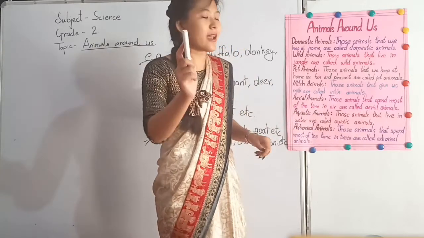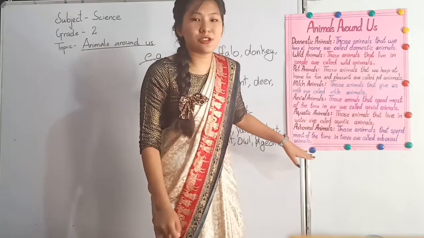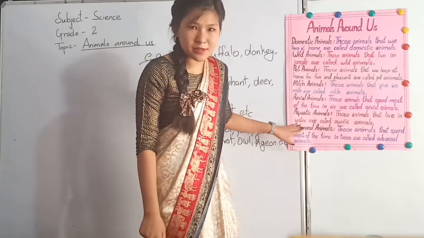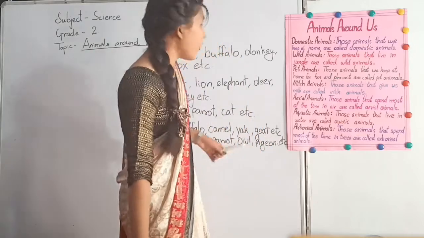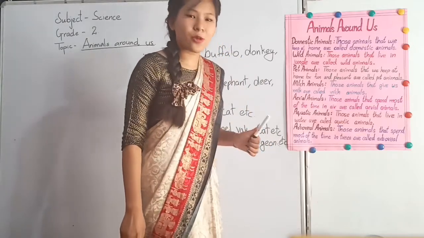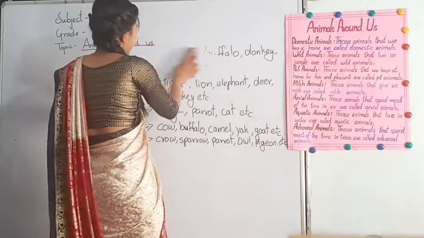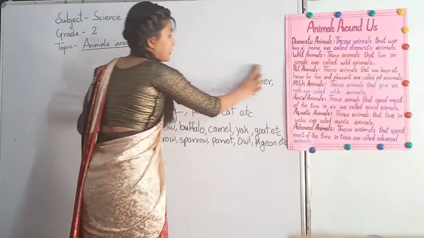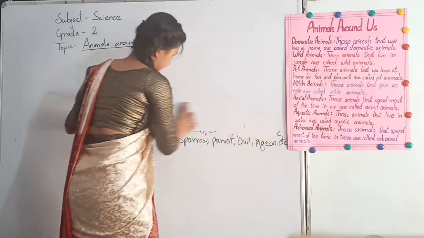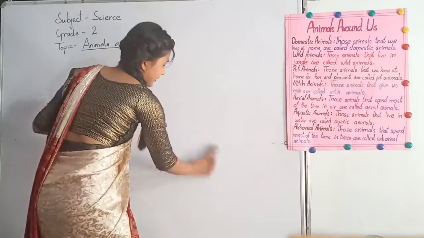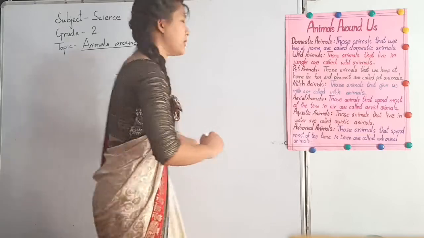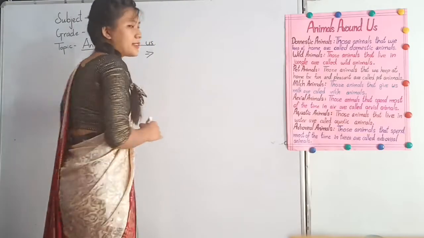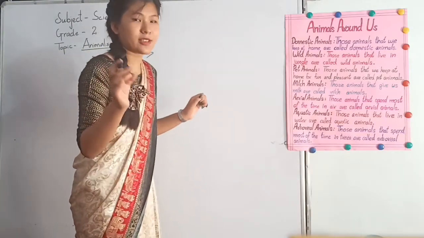I think you all have learned the definition of aquatic animal. Now let's write some examples of aquatic animals. Now, dear children, tell me some examples of water animals or aquatic animals.